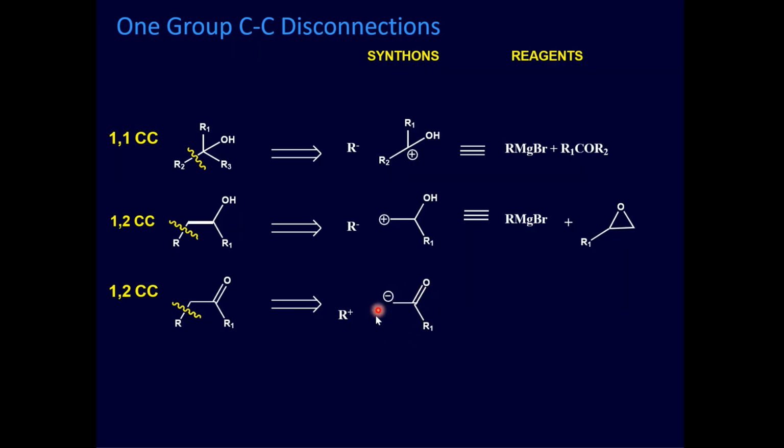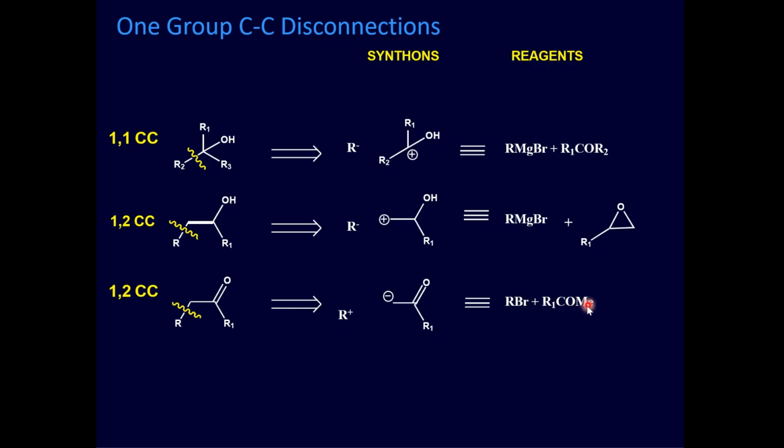To get this donor synthon, I'll use R1COMe, and for the acceptor synthon, RBr. This can dissociate into R plus and Br minus.